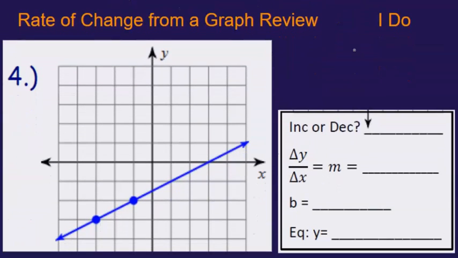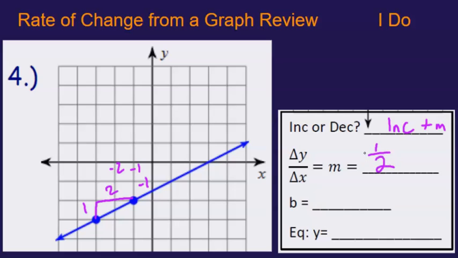Rate of change from a graph review. So this is increasing, it's a positive slope. We have 2 lattice points here, rise over run. Let's assume that the increments is 1 since it doesn't give us any numbers. So our rise is 1, our run is 2.